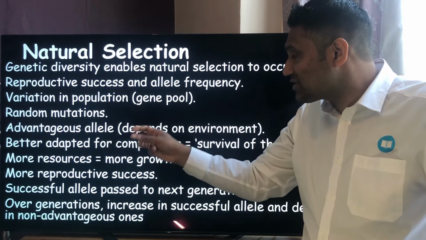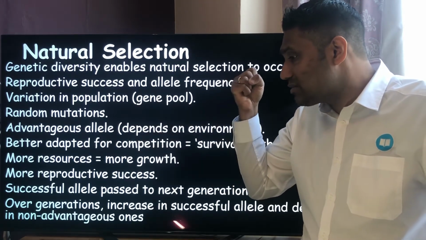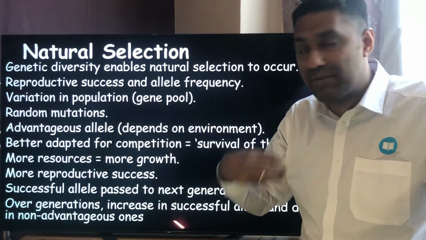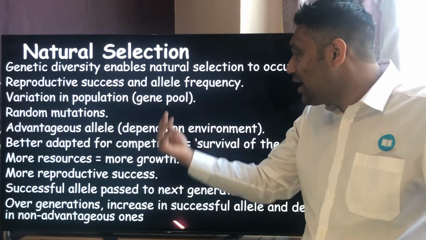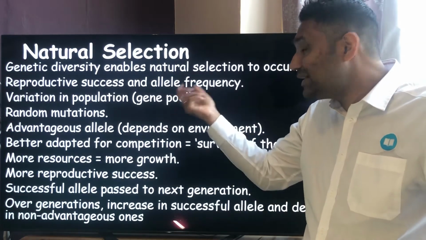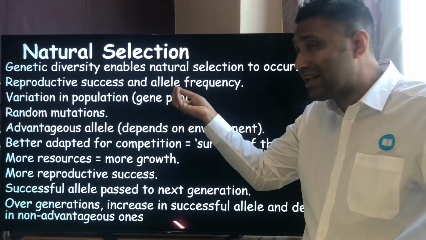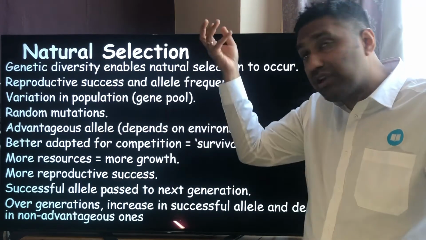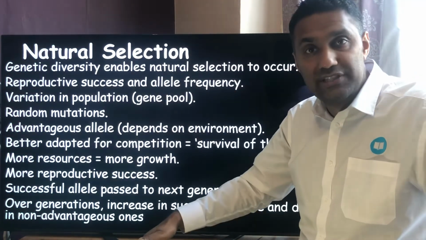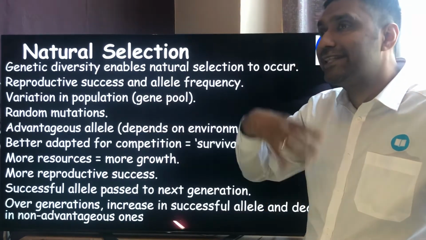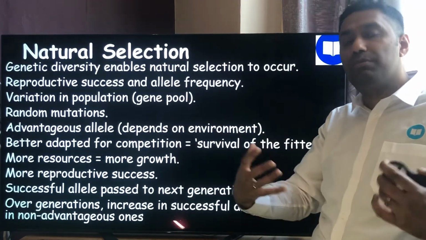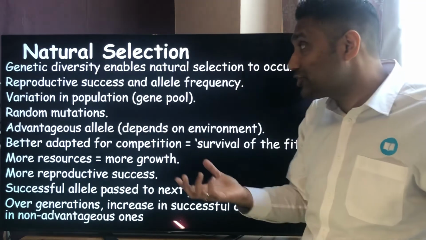Reproductive success is that they get a chance to mate, and they pass on those genes to the next generation. But then the allele frequency, the frequency of those alleles in that gene pool, can either increase, stay the same, or decrease. Obviously if it increases, then that particular feature will become more prominent within that population.